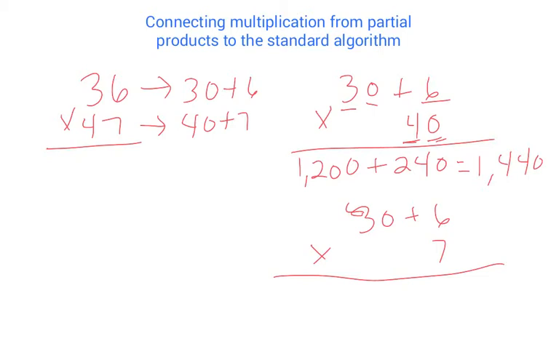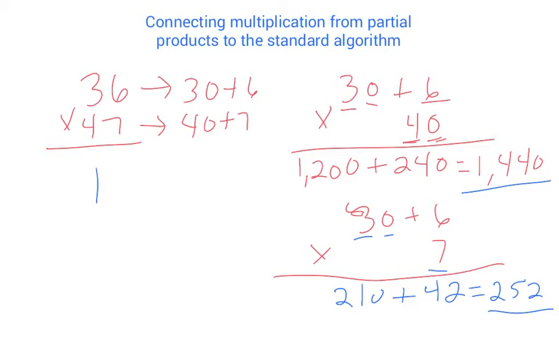Then if we do 30 plus 6 times 7, 6 times 7 is 42. 30 times 7, 3 times 7 is 21, plus a 0, it's 210. Add those together, 210 plus 42 is 252. So 1440 and 252 are my partial products because it's not my whole product, they're part of my product.